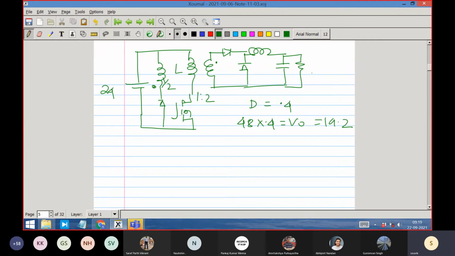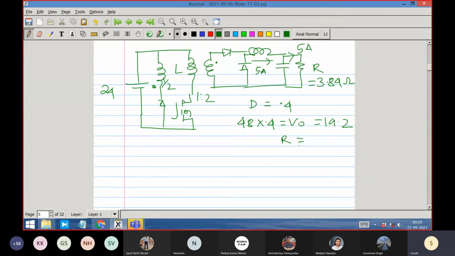Let's say I have put a resistance such that this current is 5 ampere. So 5 ampere means R is equal to 19.2 divided by 5, which is 3.84 ohm, let us say. This current average is 5 ampere. At the moment I am not considering ripple, and let us say ripple is 20% in the inductor.